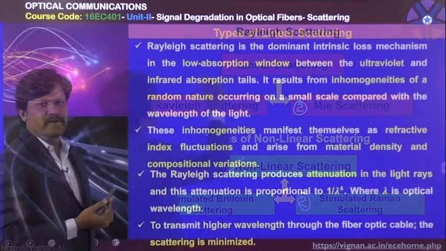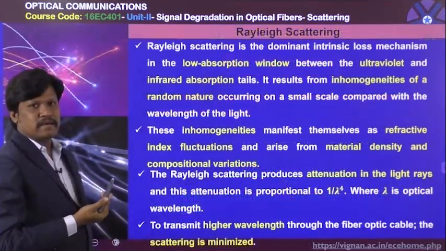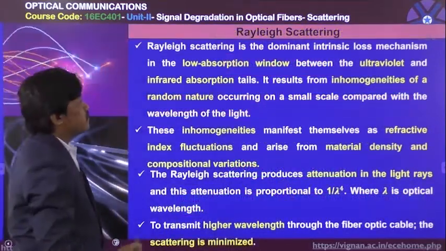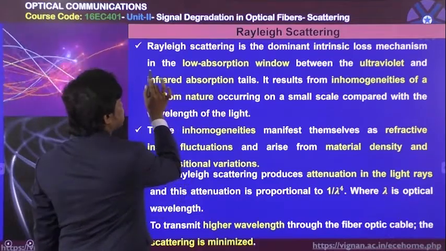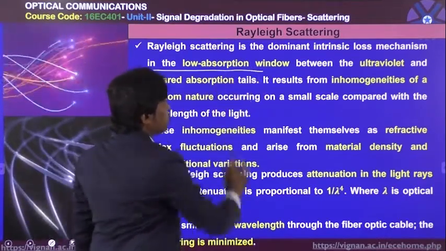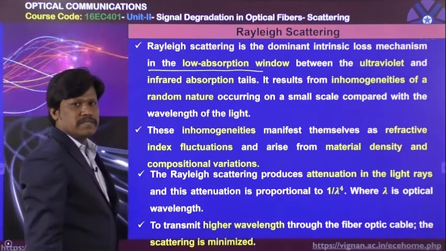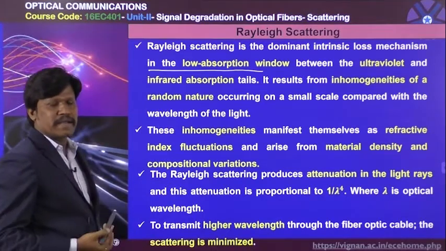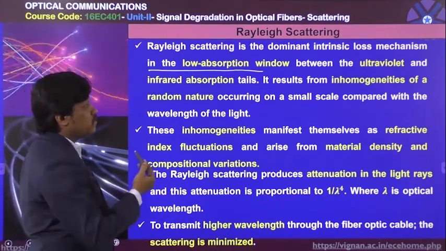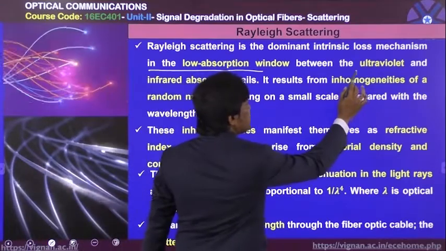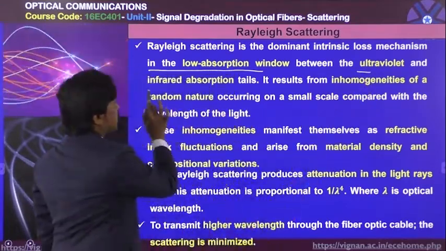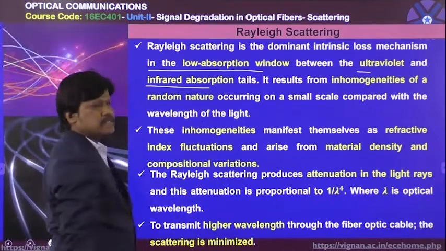Rayleigh scattering is one of the types of linear scattering, which is a dominant intrinsic loss mechanism in the low absorption window between the ultraviolet and infrared absorption tails.